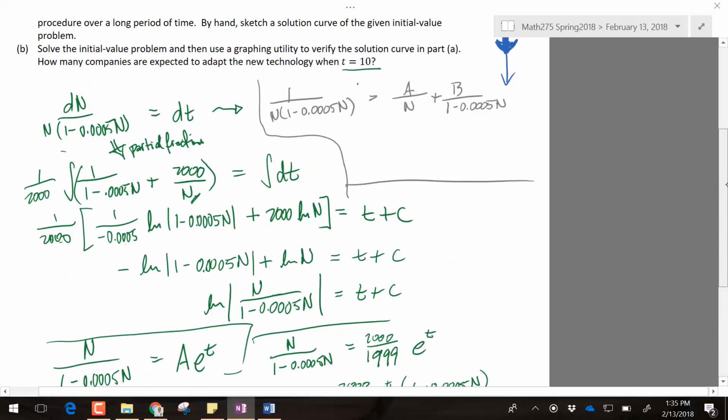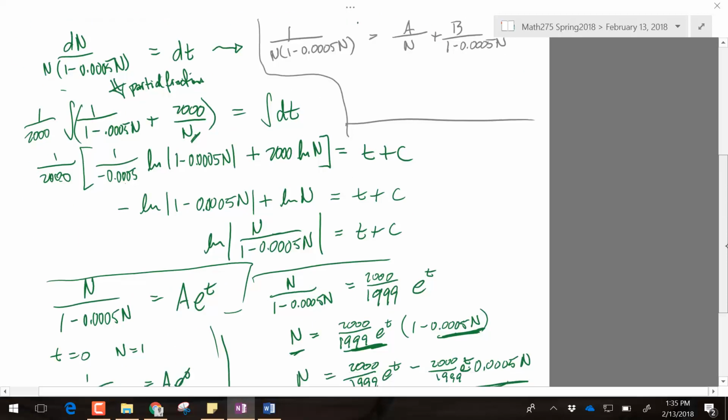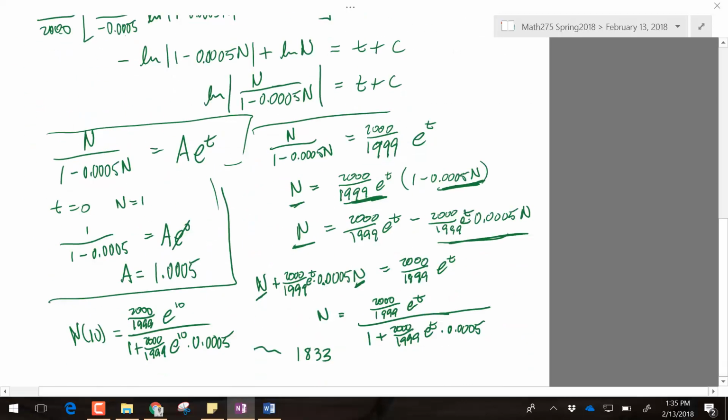Well, they didn't say years, they just say t is equal to 10. No units. So, anybody else get something different?